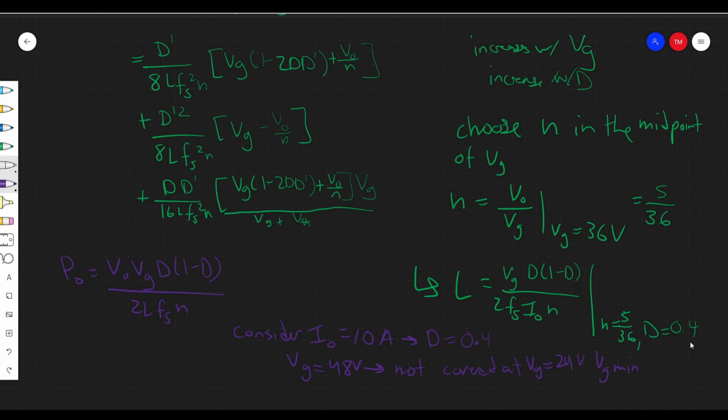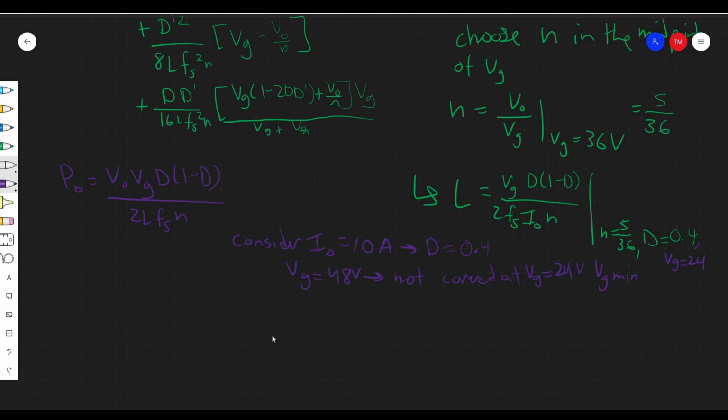So for that reason, we evaluate this when Vg equals 24 volts. That's how we choose our L. Our L ends up being smaller, which allows us to send more power. In this case, the L would be something like 10 microhenries. And again, I suggest that you go through this yourself.